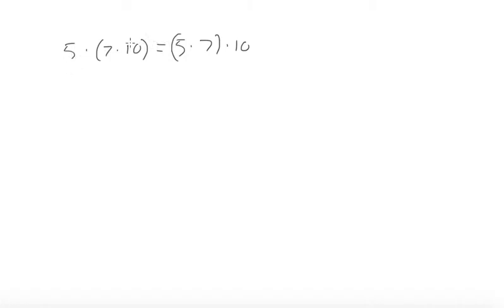The difference is we multiplied the 7 and 10 first over here, and here we did the 5 and 7 first. They're still going to equal the same. That's going to be 350. 5 times 7 is 35, and then times 10 is 350. Same over here. So it does work. This is the associative property.